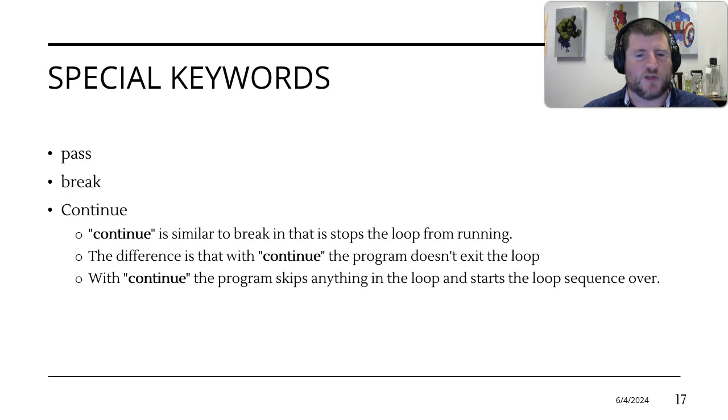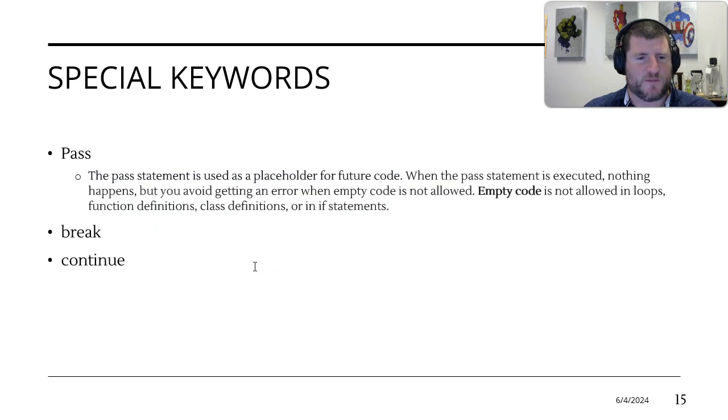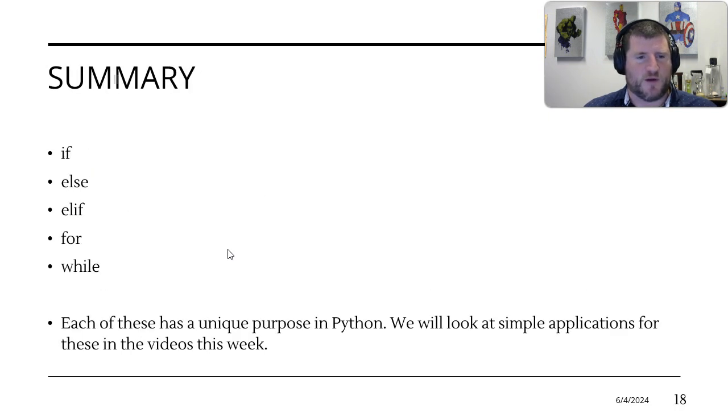This is useful when everything reads from top to bottom, right? So sometimes early on in the loop, something happens and you know you don't need to calculate the rest of the loop. You just hit continue, it skips the rest of the loop, but then it starts the loop over again. So those are the three keywords and what they do. We'll look at examples of them in the code in a minute.